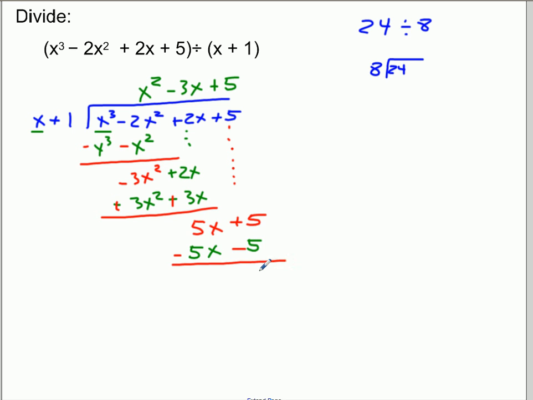So that leaves me with a remainder of 0, which means that x plus 1 goes evenly into x to the third minus 2x squared plus 2x plus 5. So the answer to this problem is x squared minus 3x plus 5.